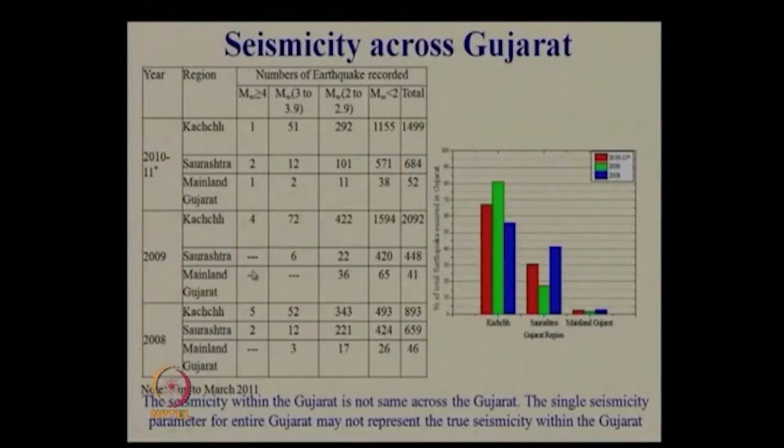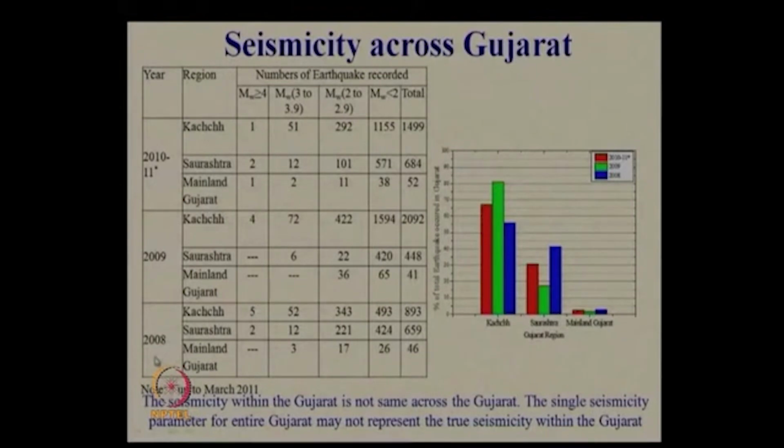So, from various reliable data collection sources like USGS, IMD, ISR, we can collect year wise number of occurrences of earthquakes in different regions, like we have subdivided in 3 regions of Gujarat.